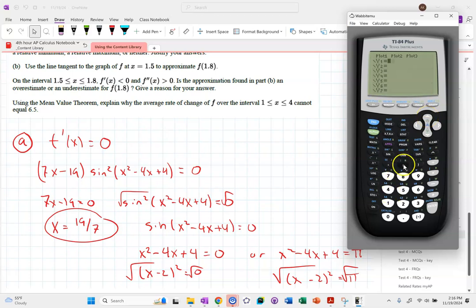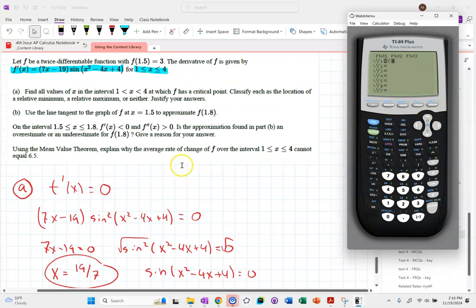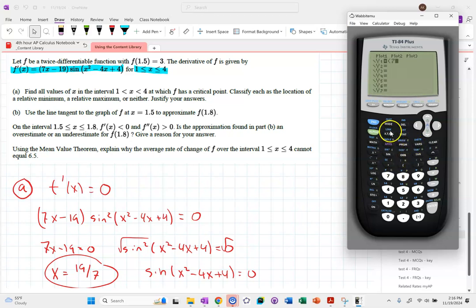So if I were to do this with my calculator now, I'm typing it into the y equals. I'm going to set my window from 1 to 4 on x.